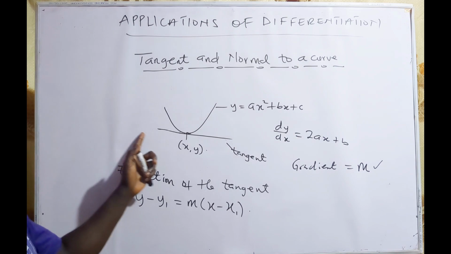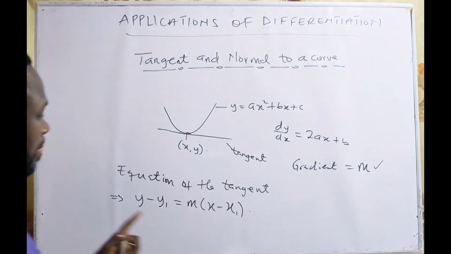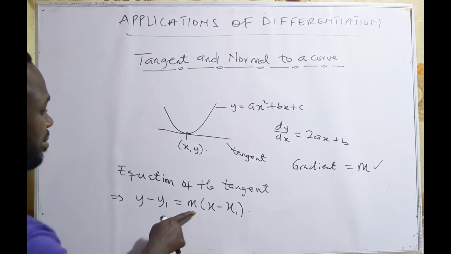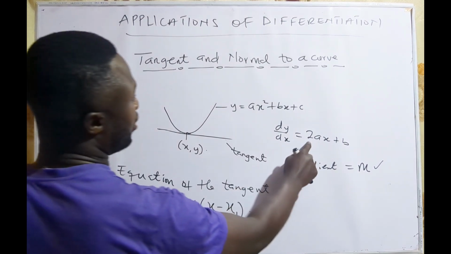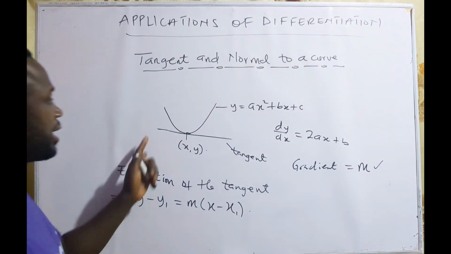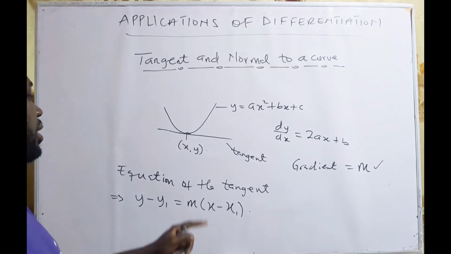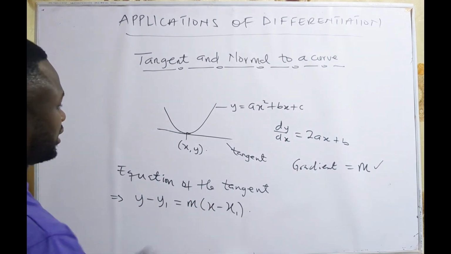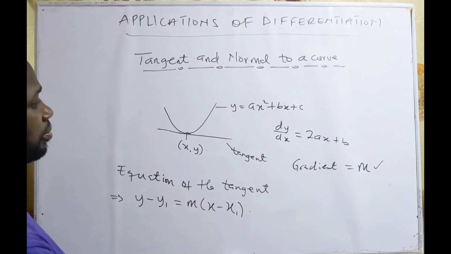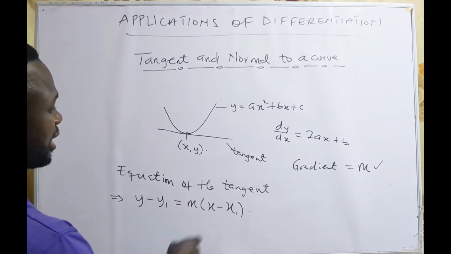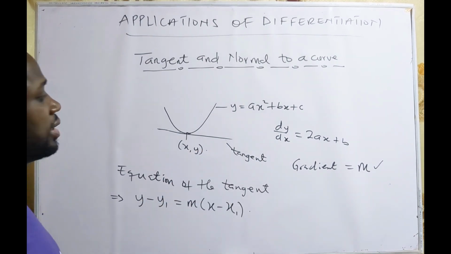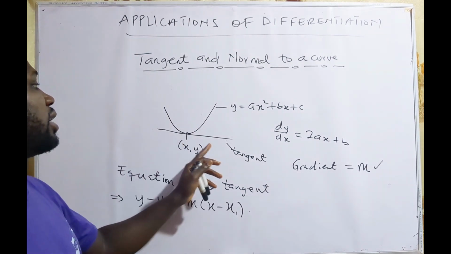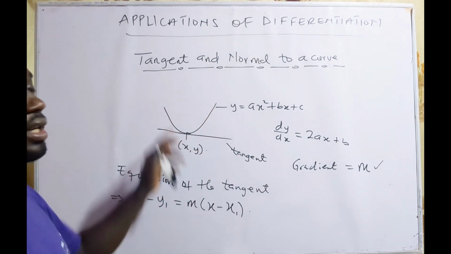Because the tangent is a straight line, that is why the equation becomes like this. So m is the gradient of the tangent, and this is the equation of the tangent. Where your x1 and y1 is the point at which the straight line touches the curve.